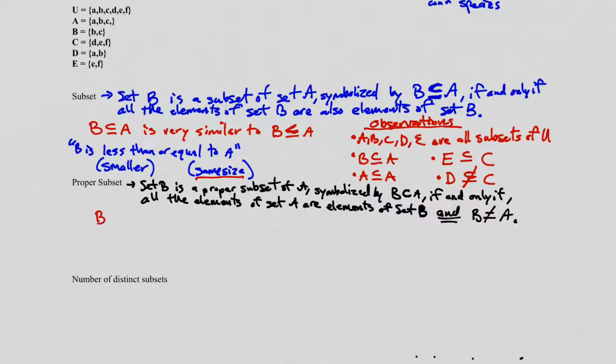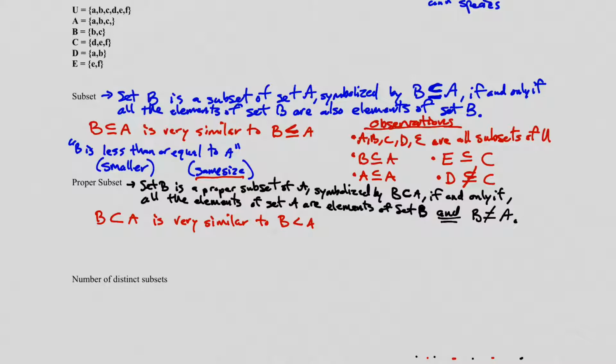So again, we take a look at the difference in the sign. It does not have that equal sign under. So B as a proper subset of A is very similar to the concept of the less than. Okay, not an equal sign, but just a less than. Okay, B is less than A. You know that it is smaller. Okay, or it contains, but it cannot equal to. It cannot be equal to A. All right.